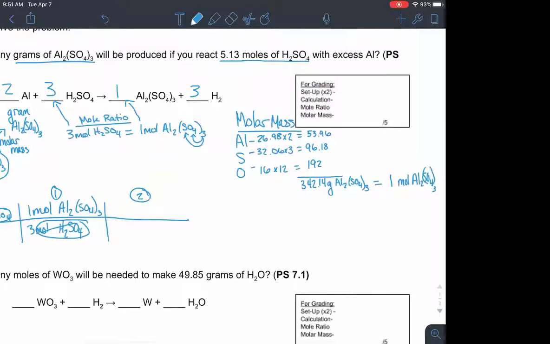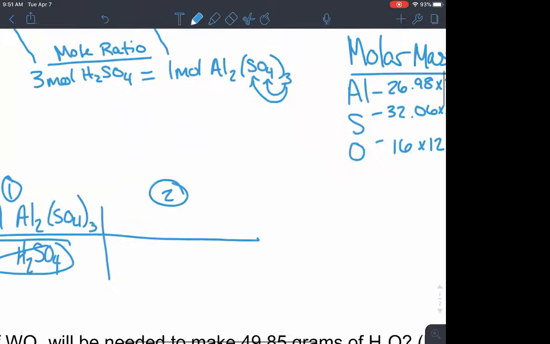All right. So now on the top of our line, we have 1 mole of aluminum sulfate. What do we put on the top of the next line? What do we put on the bottom of the next line? The 342.14 grams of aluminum sulfate goes on the top, and then the 1 mole goes on the bottom.